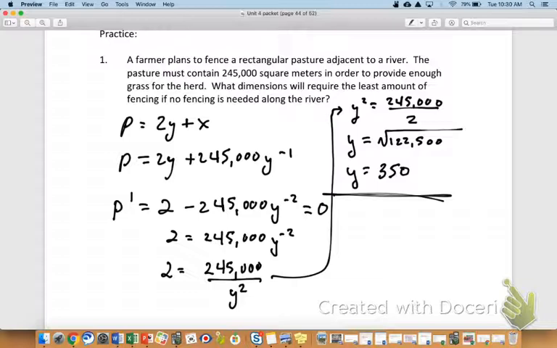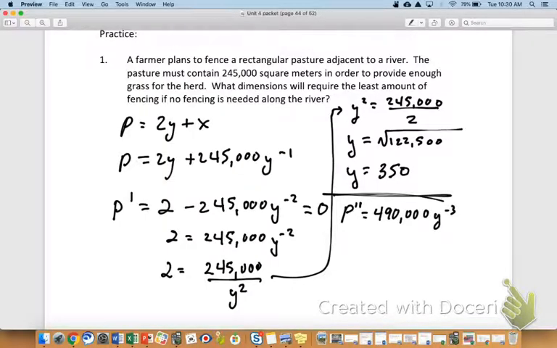I think second derivative is easier. Here's why. I think I can find the second derivative really fast. So I would say P double prime equals 490,000 y to the negative 3.